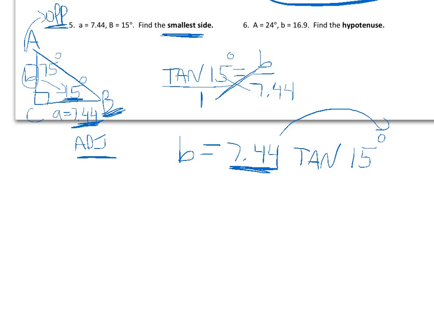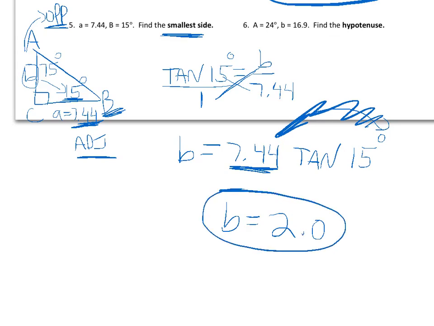Leave the 15 degrees as it is. So you're putting 7.44 times the tangent of 15 degrees, and you get about 1.99. If I round it to the nearest tenth, let's just put 2.0. And that is the smallest side.